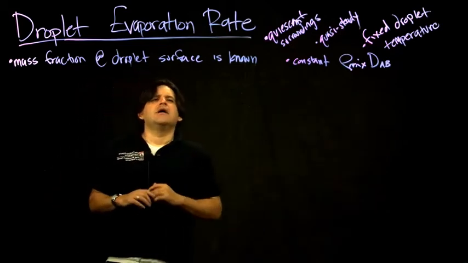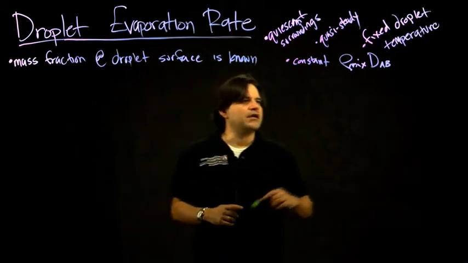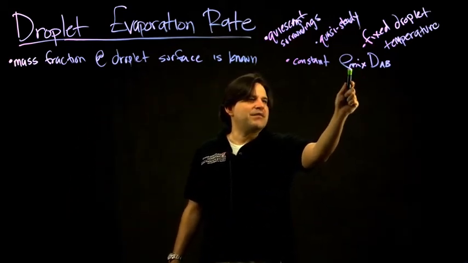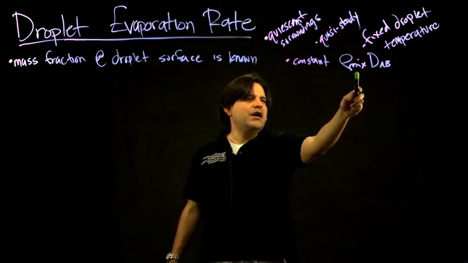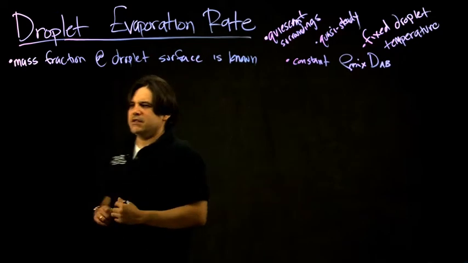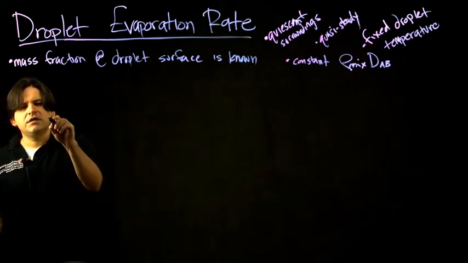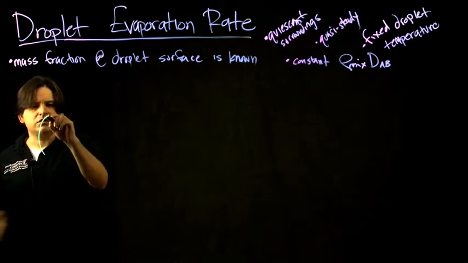Thermodynamic analysis can be used there to find that. And then another thing that makes the math easier is that the mixture density times the diffusivity is constant. So with those assumptions, we'll start analyzing this control volume we're considering here.